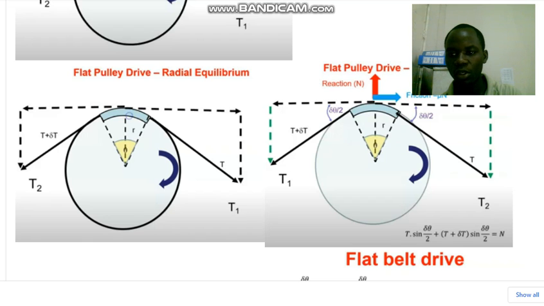The sum of these vertical forces should be equal to the normal reaction N.